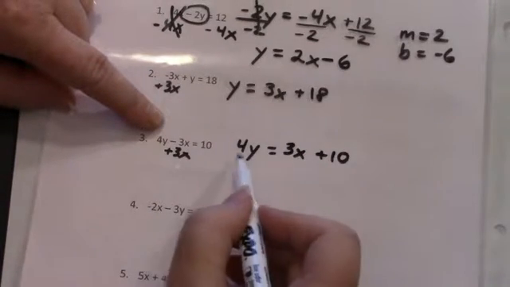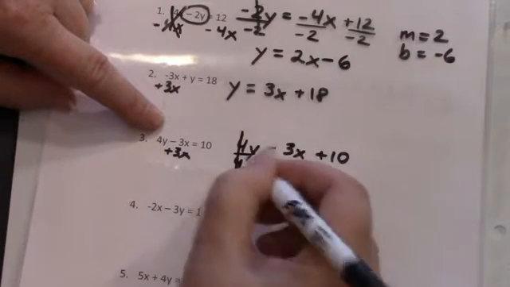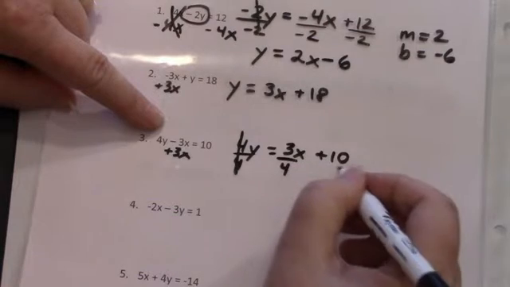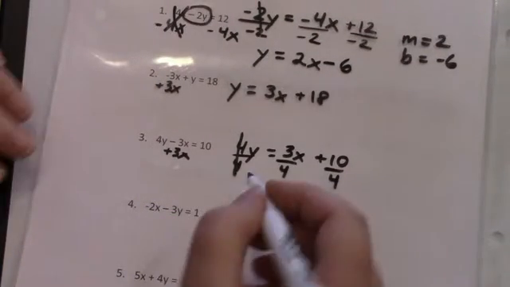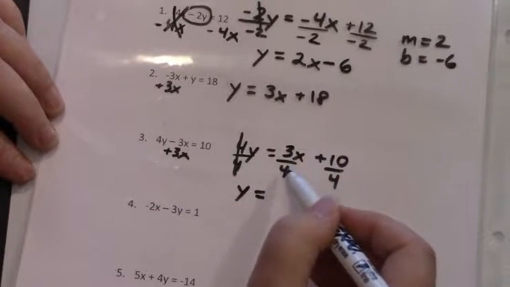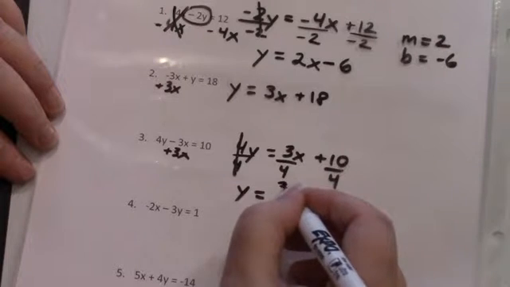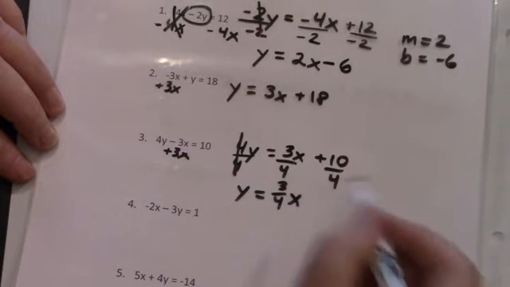I'm almost done, but let's separate that 4 from the y by dividing by 4. Divide by 4. Divide by 4. What does that bring me to? y equals two positive numbers. I can't reduce, so I keep that as 3/4 x.